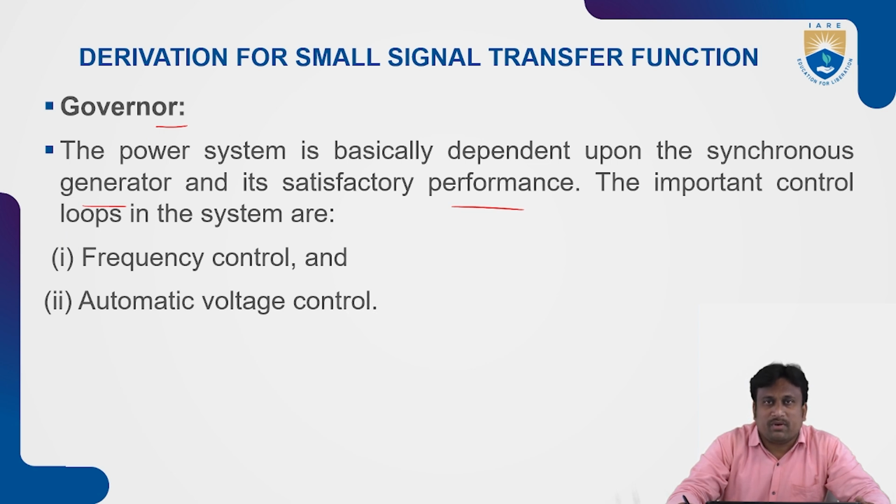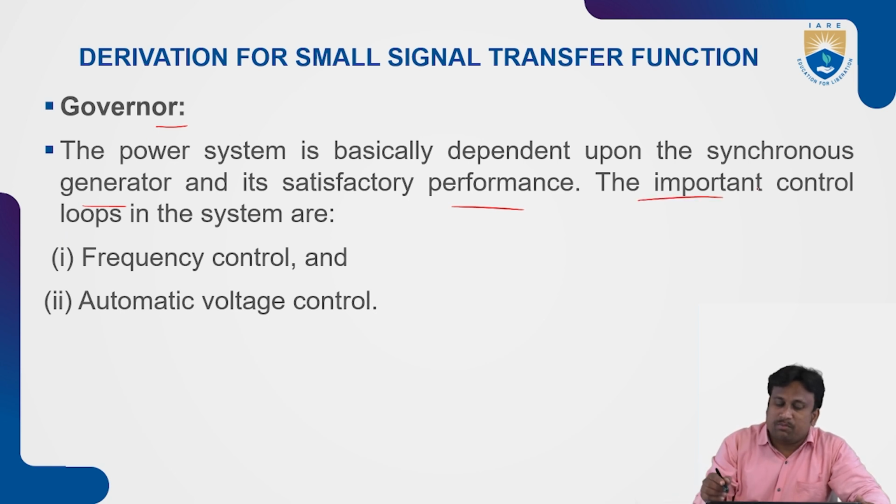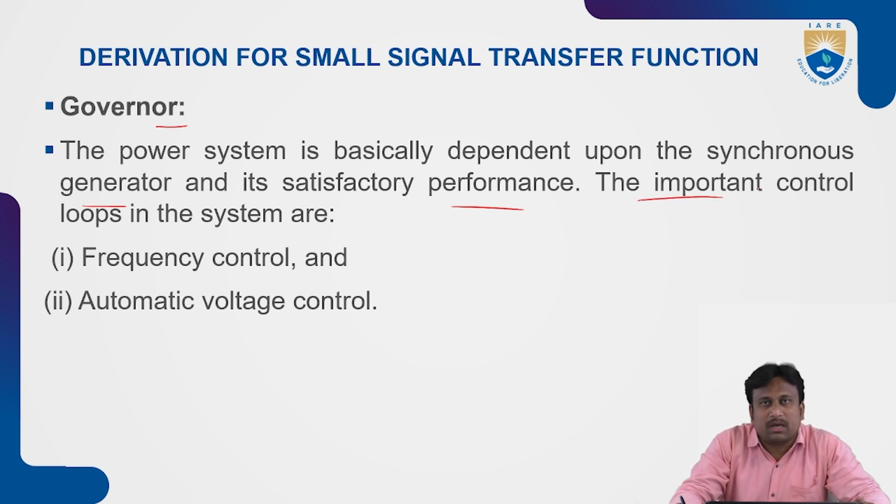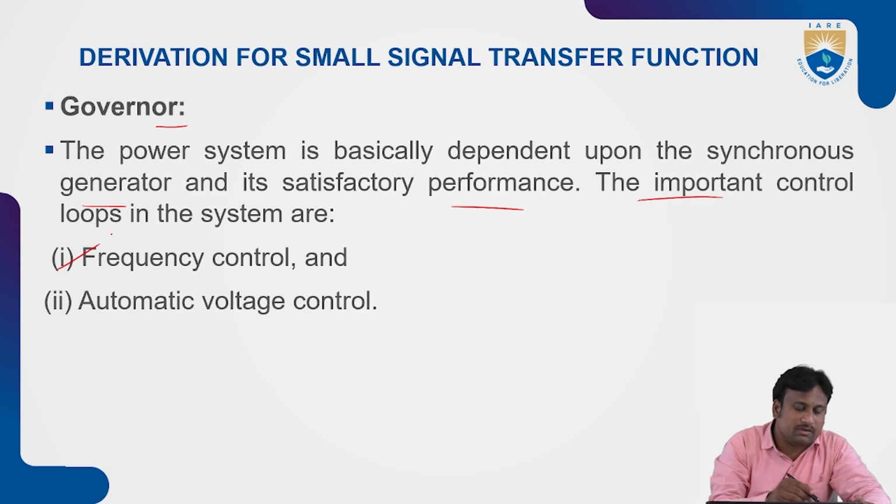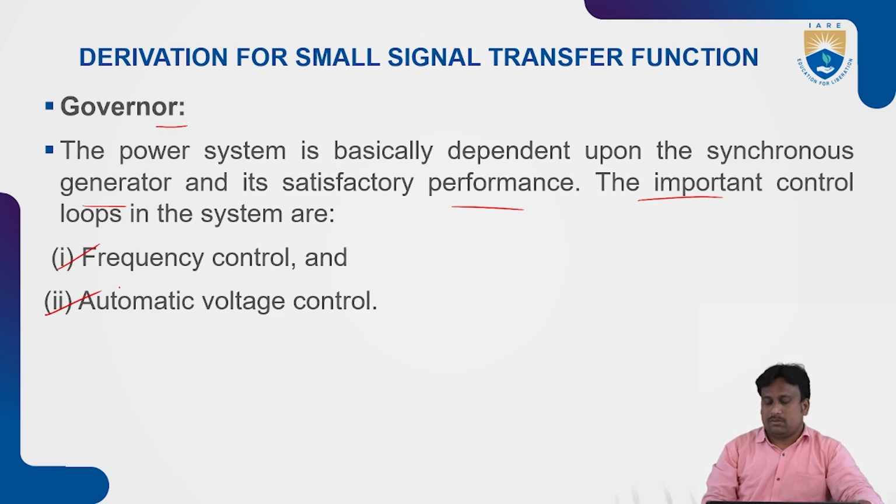When it is 100% good, the produced power is enough to meet the load requirement. So the important control loops in the system are, one, frequency control, and another, automatic voltage control. These are the two loops which maintain the control.